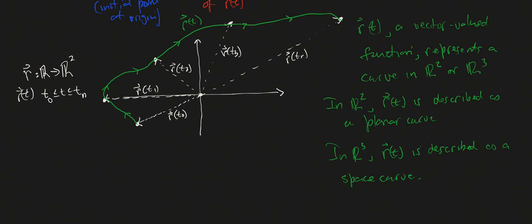Now, once we are satisfied with this, and I don't know about you, but I'm pretty satisfied because I'm thinking ahead, once we're satisfied with this idea of working with a function where our input is a number and our output is a vector, then we can try to extend all the things we know about functions to this type of function.